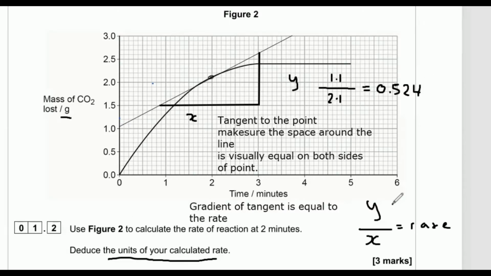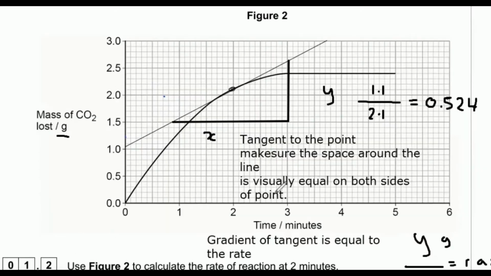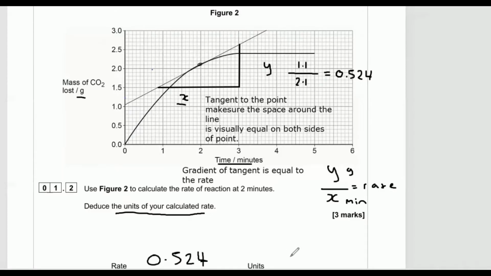0.524. Now, in the mark scheme, they allow you anywhere between sort of 0.45 and 0.55, something like that. I'm not really sure, but it's roughly in the right area. So we slap that down as the answer, and now we just need to work out the units. We look at y and it's grams, we look at x and it's minutes, so it's grams per minute.